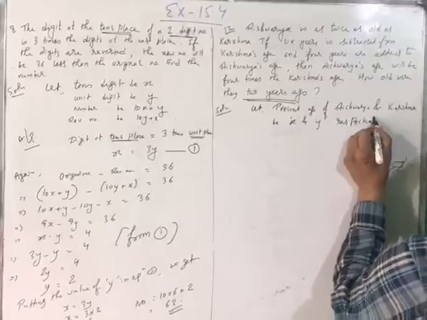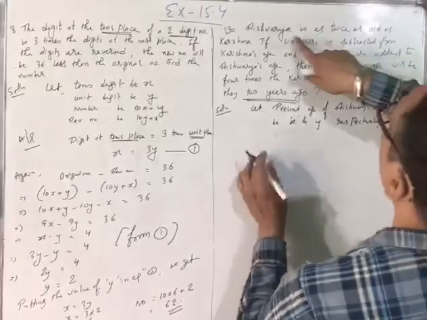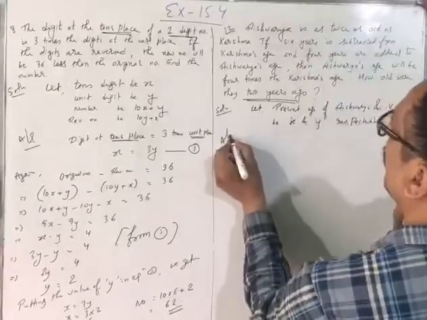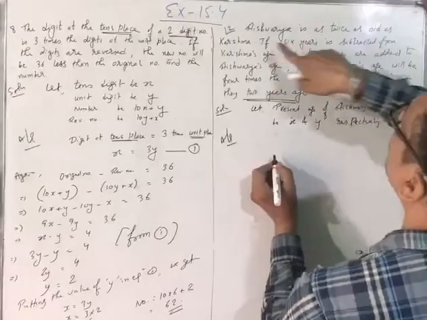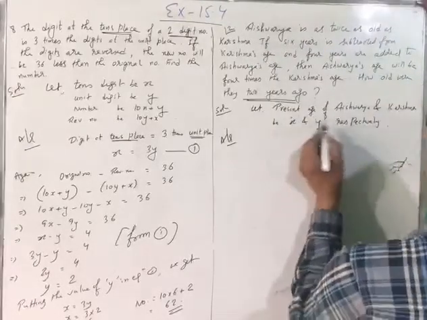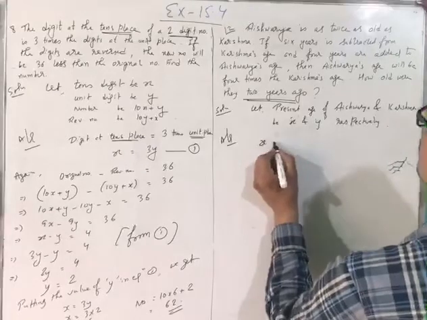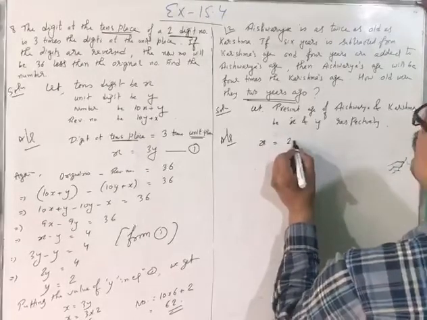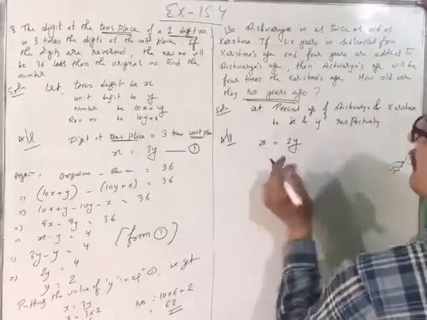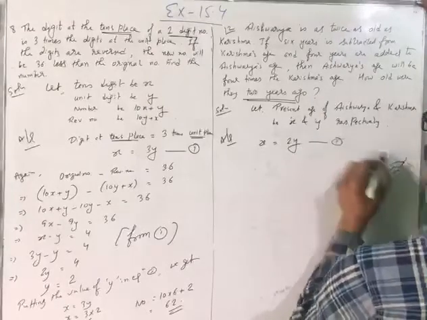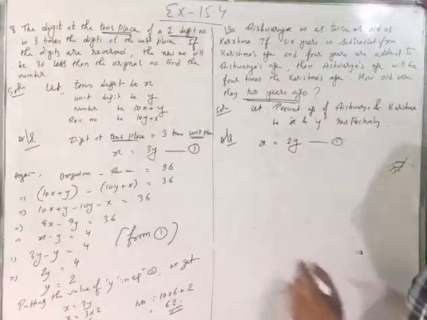Now, according to the question, Aishwarya is twice as old as Karishma. Aishwarya means x, so x is 2y. Clear? So this is equation number 1.